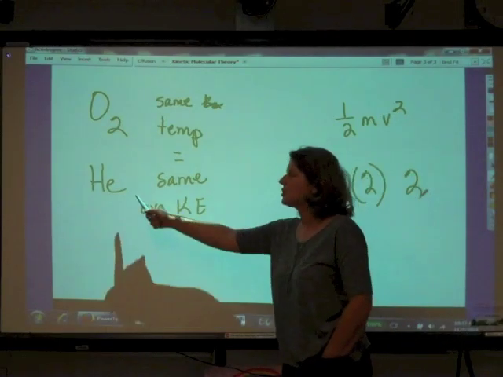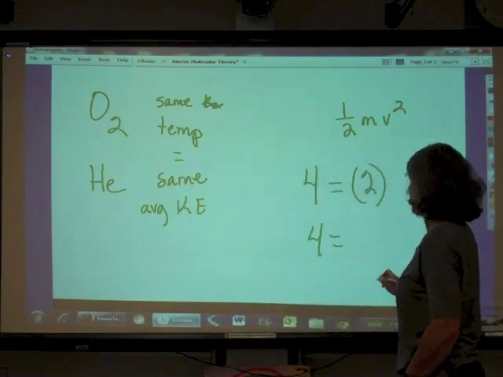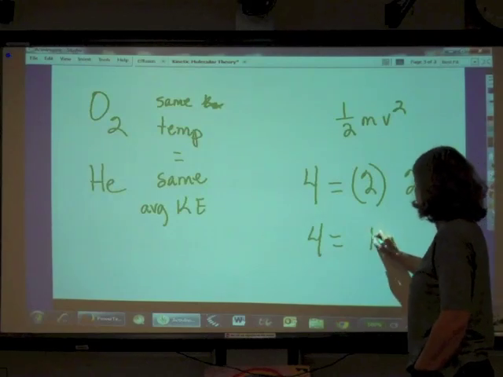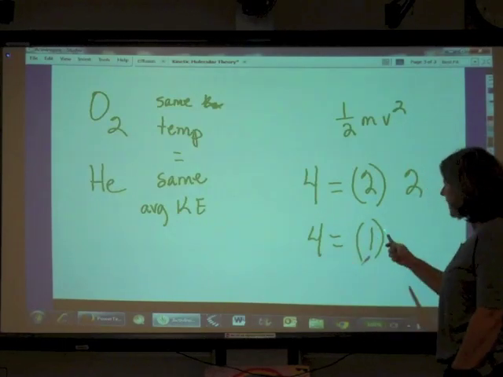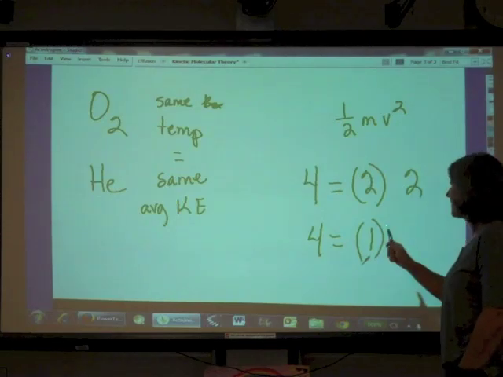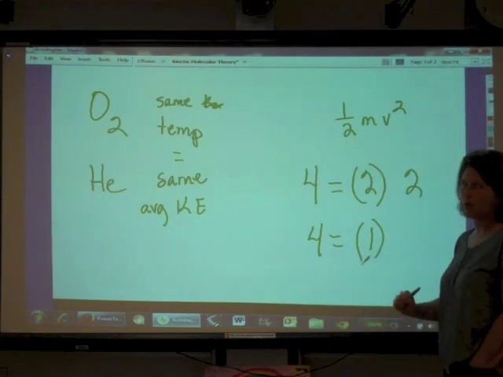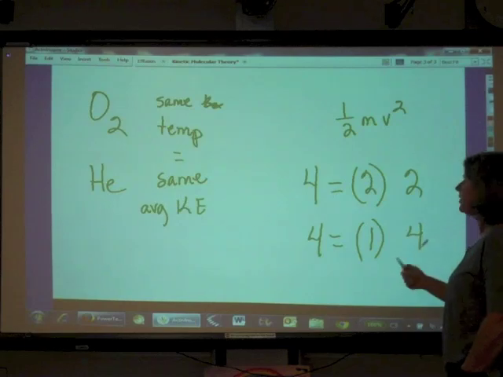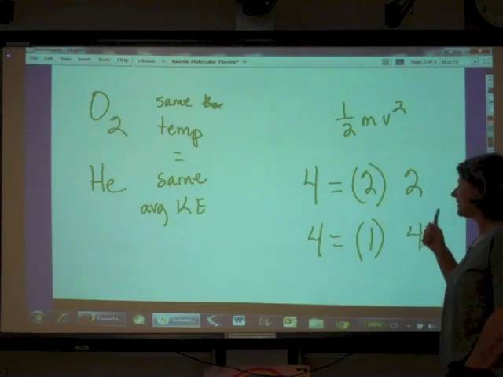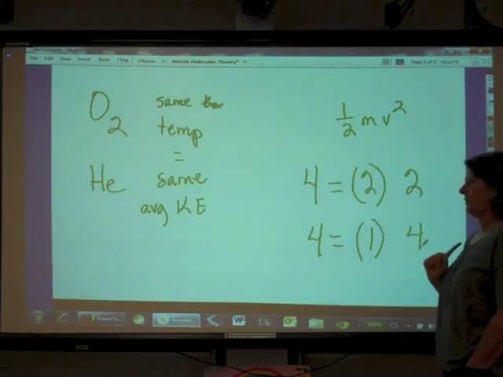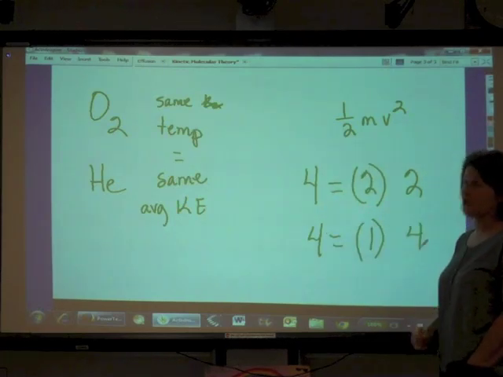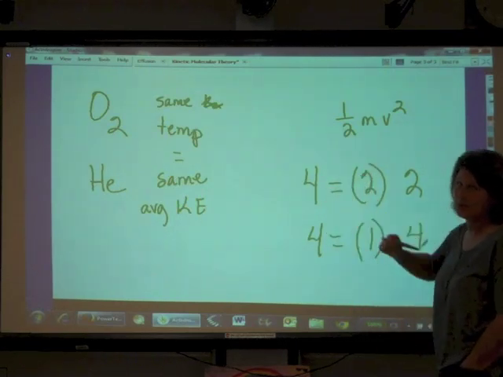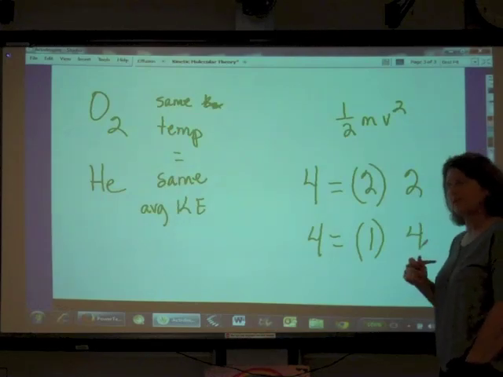Helium, smaller molar mass. So let's say its mass is 1. Remember, I'm simplifying, way simplifying. If its mass is 1, 1 times what is 4? 4, right? So its velocity is greater. Smaller molar mass, same kinetic energy, same temperature. Okay? All right, that's it.